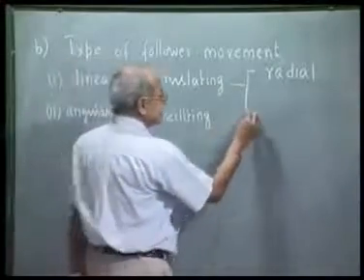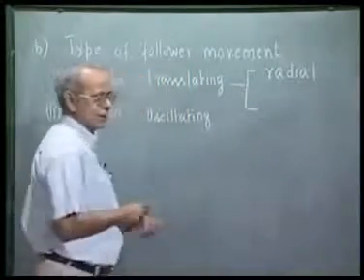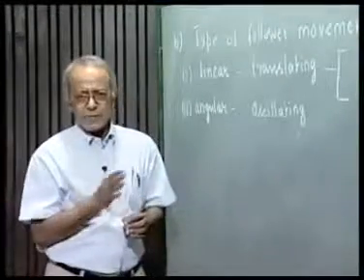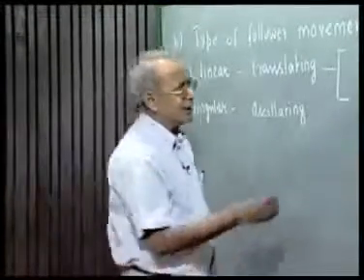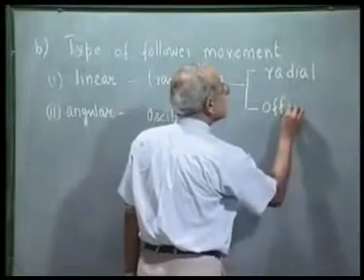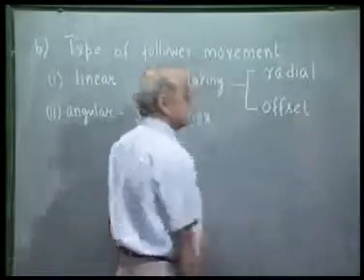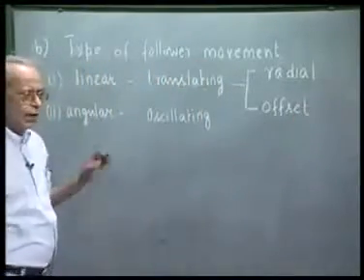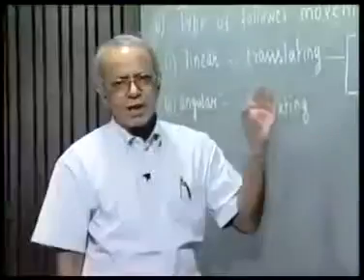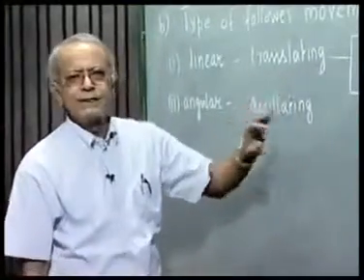But if it has a little offset, that means the axis of the translation of the follower does not pass through the cam center, it is a little bit offset, then we call it an offset translating follower. Later on we will discuss why this offset is necessary and what is the proper direction of the offset, all that we will discuss later.